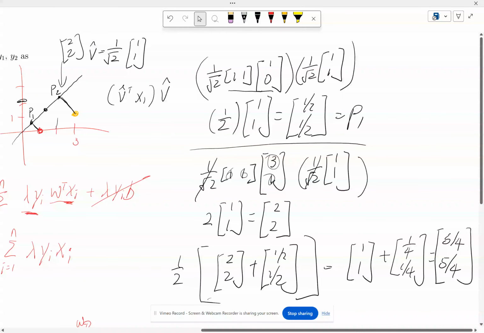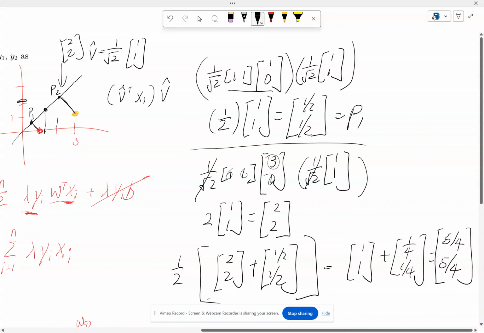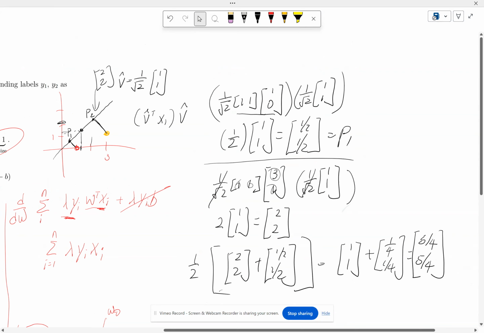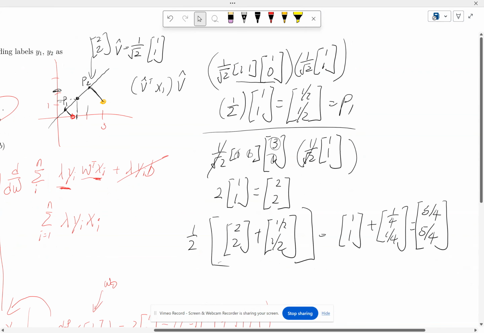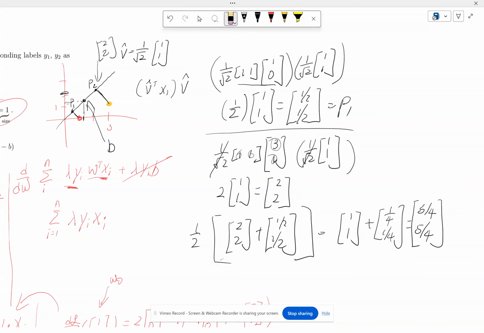If you look at it, 1 1/4 makes sense, right? I didn't draw it perfectly to scale. So B is in the middle. This right here is B. And now we have 5/4, 5/4. And that is the answer to the question.